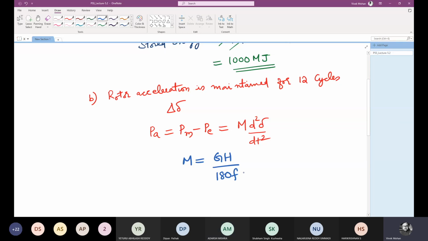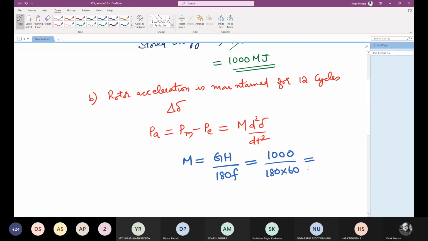If it is 180F, then the unit will be megajoules second per electrical degree; otherwise, it is megajoules second per electrical radian. So I have taken 180 instead of pi. GH is 1000, so M is 1000 divided by 180 into 60 Hertz.